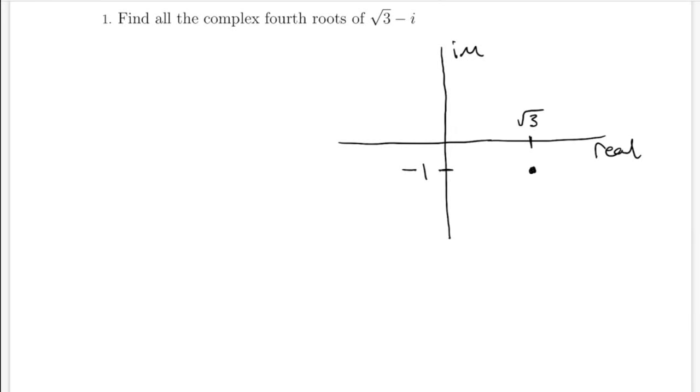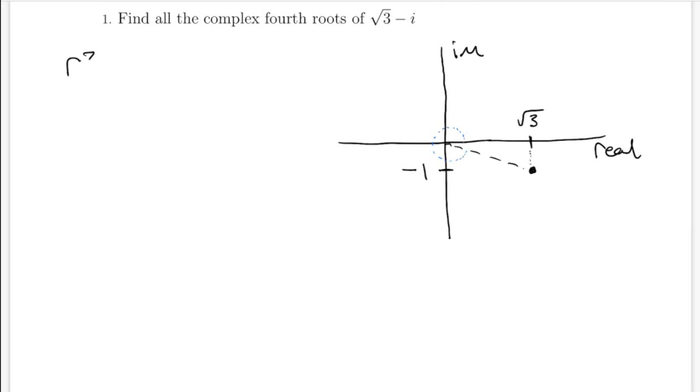So remember that I'm trying to find r, so that's this distance here between the origin and the point, and I'm trying to find theta, so I'll draw my theta here in blue. That's this angle that wraps all the way around to this dotted line, right? So I need to find r and theta, and I could start by finding r because I can think of this as a right triangle, and then my r is the hypotenuse.